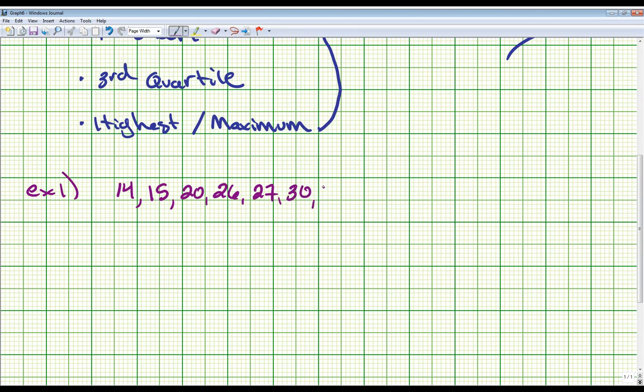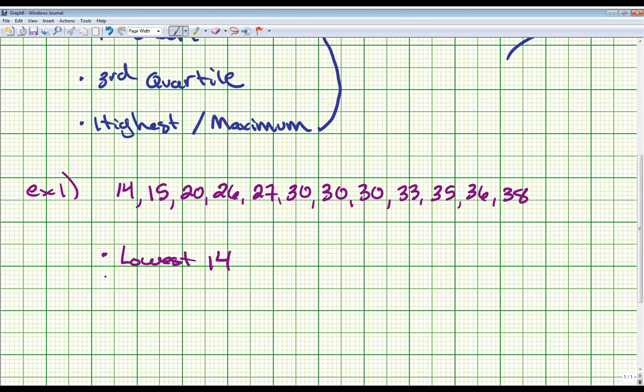We have another 30 and another 30, then a 33, 35, 36, and a 38. So you're welcome for ordering them for you. If I hadn't ordered them for you, that would be step 1. We always have to order our numbers from lowest to highest if we want to find those 5 special numbers. So the first number we need to find is the lowest. Okay, well, that's easy. The lowest is 14.